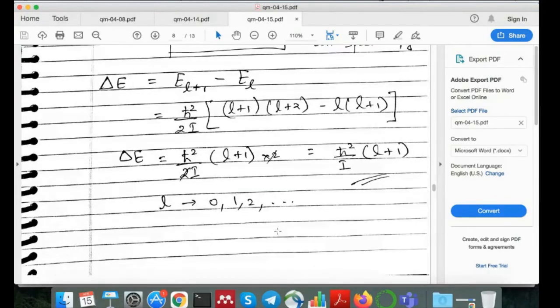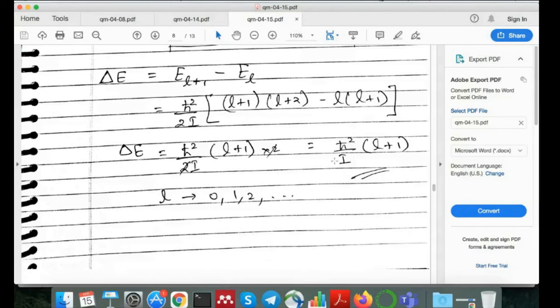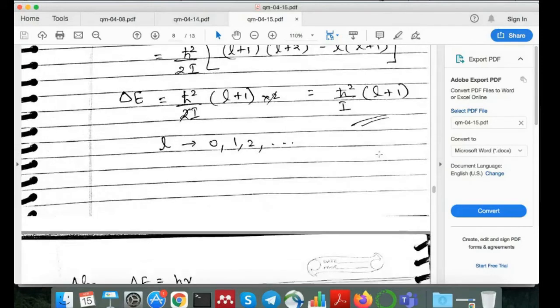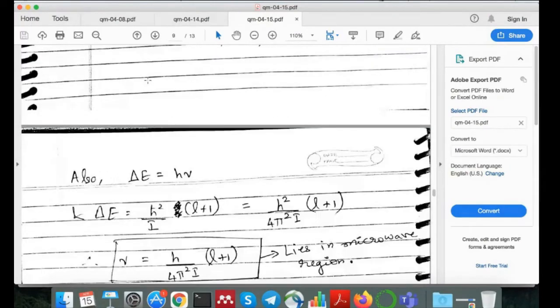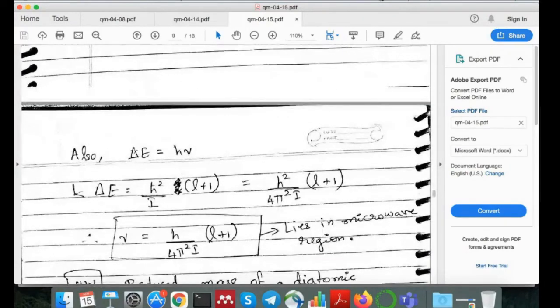In this delta E, you can see that H cross square and I are constants, and the only variable it depends on is your L value. So if you know your L value, you know everything about the transition. Also, delta E has to correspond to some frequency, and the energy is related to frequency by the formula H into nu, where H is Planck's constant and nu is the frequency.